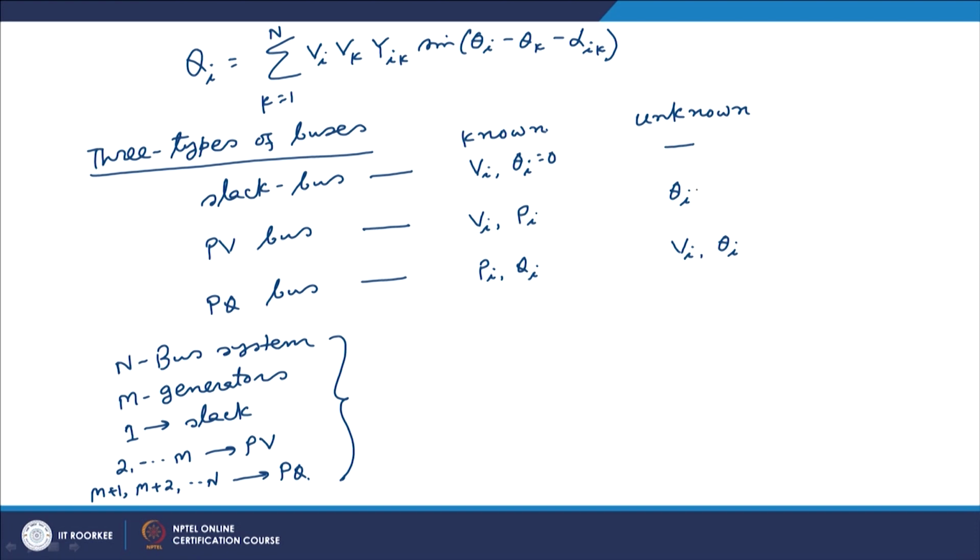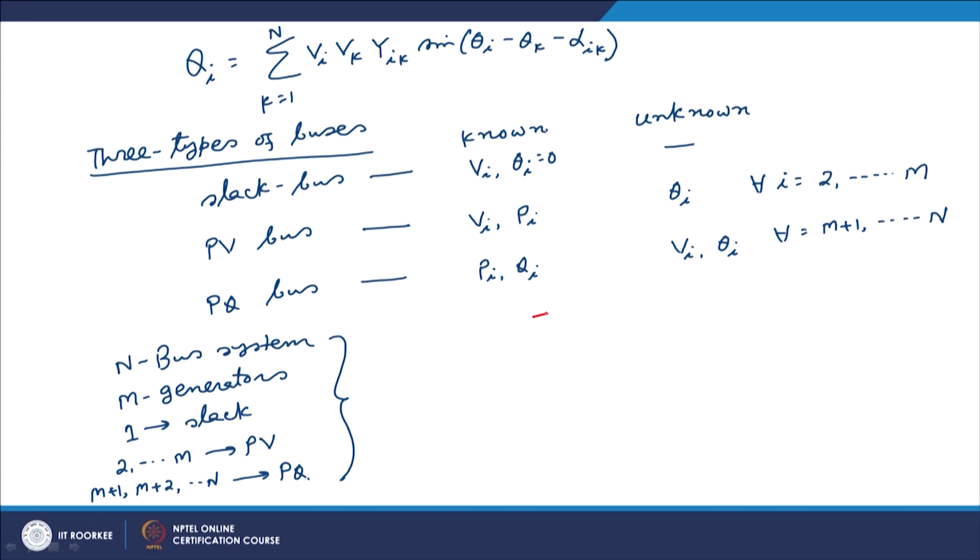Here theta i would be unknown for i equal to 2 to m, and here V i and theta i would be unknown for i equal to m plus 1 to n.